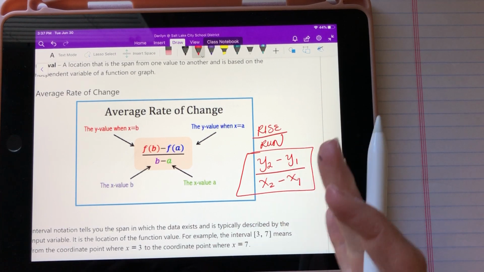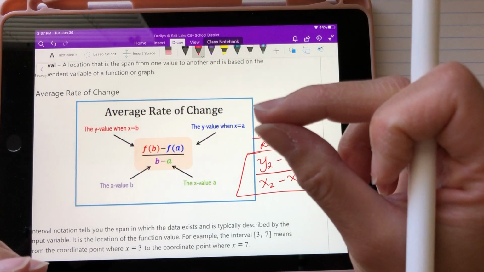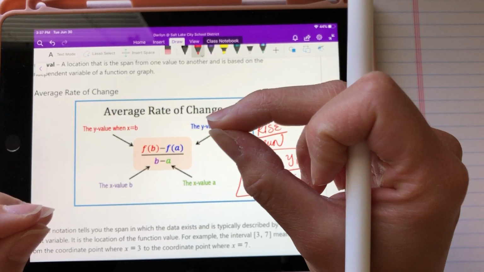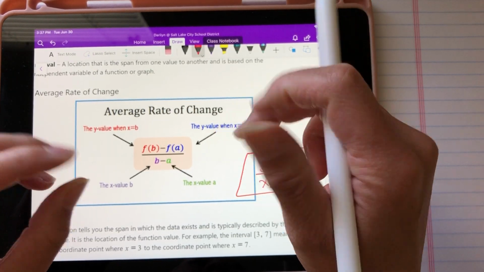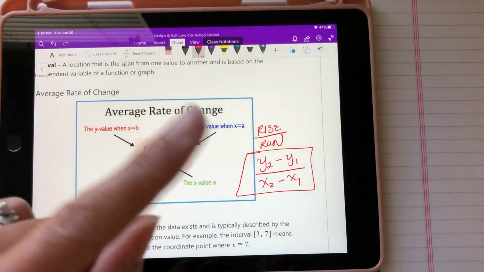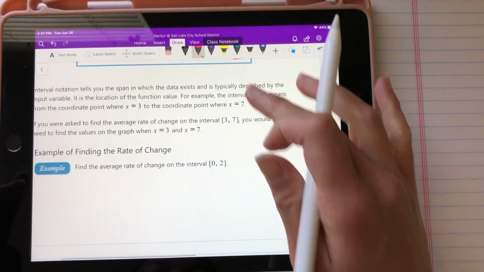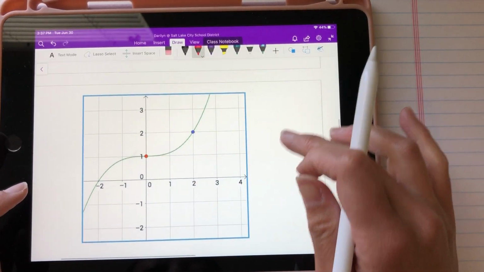We have a ton of new functions we've been working with that are not straight lines. And we still need to find the rate at which the graph is changing between 2 points that are not on a straight line. So basically it is the slope between 2 points not on a straight line, aka average rate of change. All right, so let's go ahead and take a look at an example.